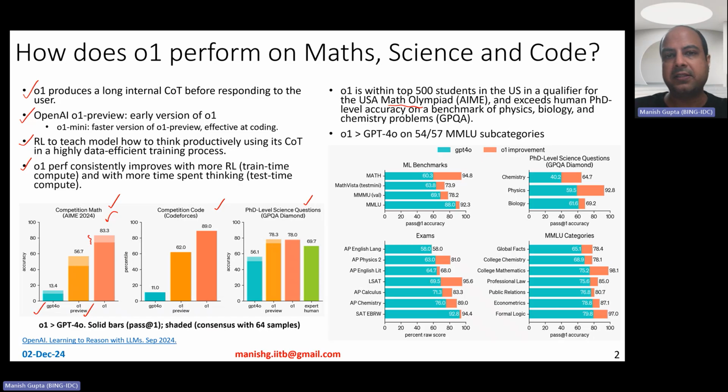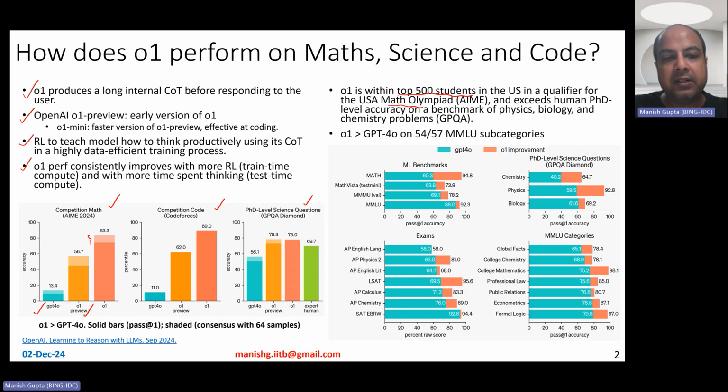Okay, so of course consensus leads to better accuracy, and what you observe is that on competition math, the model is able to score 83.3 points in terms of accuracy, which places it in the top 500 students in the US in this US Math Olympiad qualifier exam called AIME.